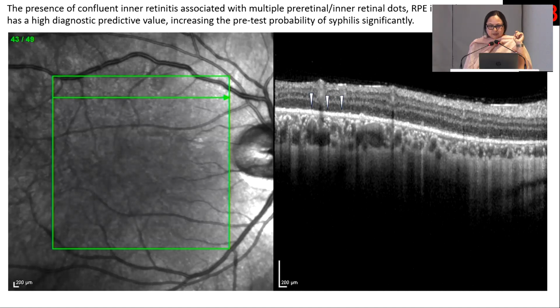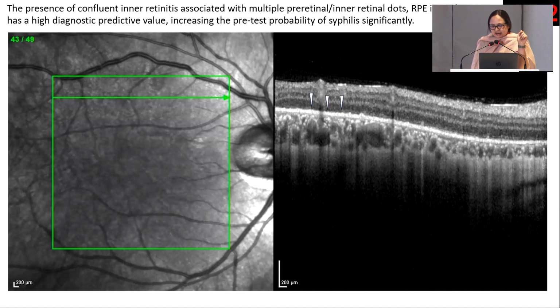OCT is very important. You may see multiple pre-retinal dots, RPE irregularities and loss of the ellipsoid zone. For that, it's very important that you do OCT over the lesion, not OCT through the macula, which most of the techs do.